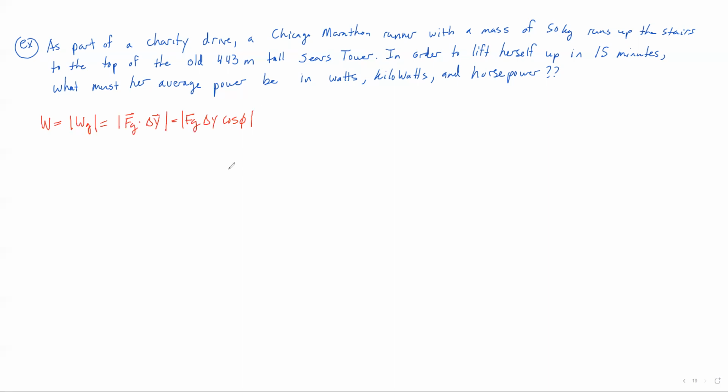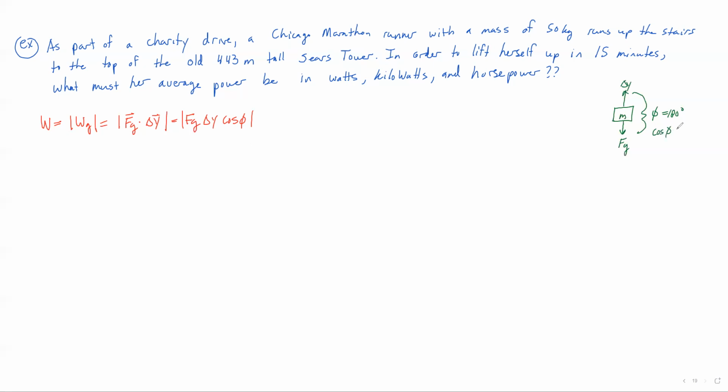Now, if you look at a force diagram of what's going on here, I'm going to do it over here, but here's her mass, right? She's moving up delta Y. Gravity's trying to pull her down. So she's winning, but gravity's losing. But again, the angle between them is going to be 180 degrees, right?